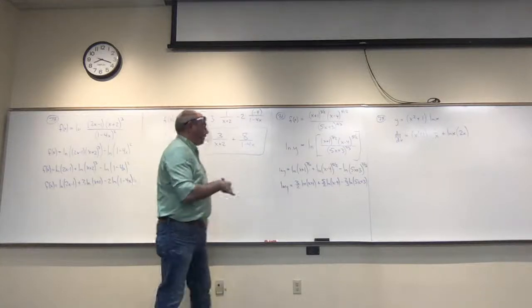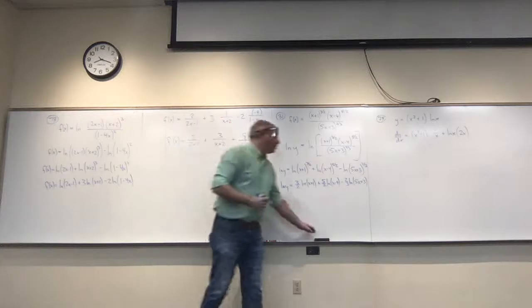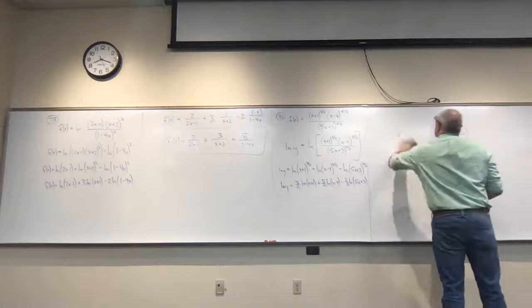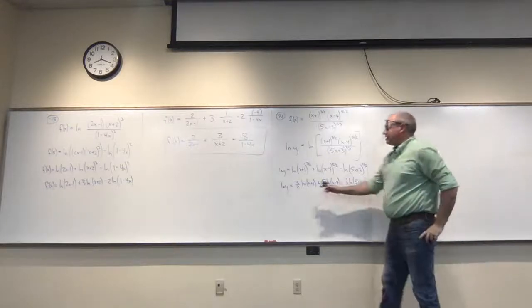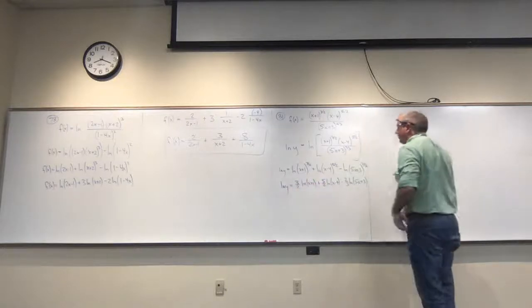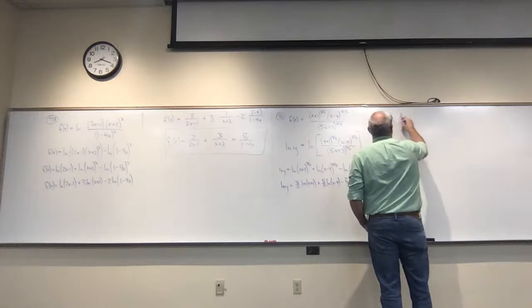And now we're finally ready to take a derivative. So I got this into a form that I like. Now taking the derivatives of each side, so I'm using implicit differentiation. The derivative of ln of y is 1 over y times dy dx.